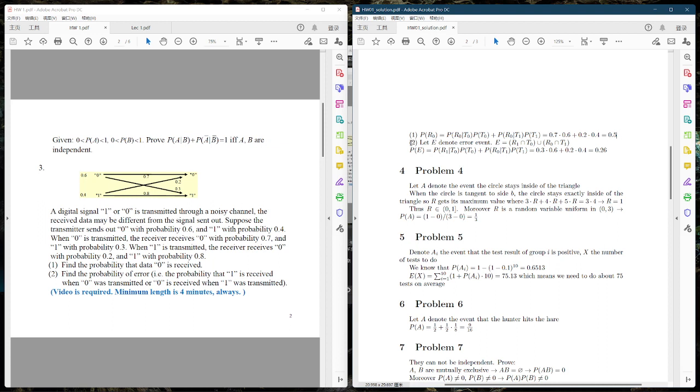And the second question is to find the probability of error, that is, the probability that 1 is received when 0 was transmitted, or 0 is received when 1 was transmitted.